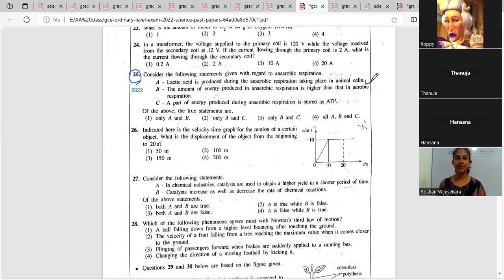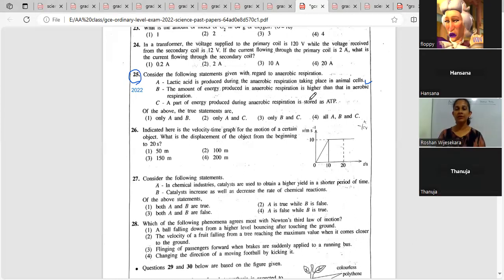That is correct. The amount of energy produced in anaerobic respiration is higher than that of aerobic respiration. That is wrong. I told you today as well. The amount of energy produced during aerobic respiration is higher than anaerobic respiration. The reason is that during aerobic respiration, glucose breaks down completely, but during anaerobic respiration, glucose breaks down incompletely and produces less energy.